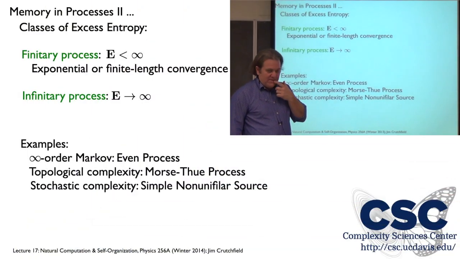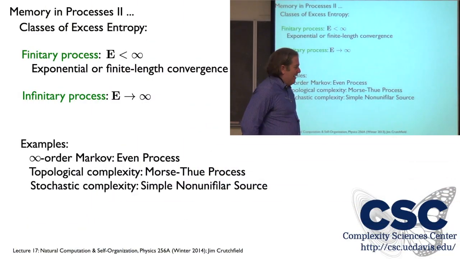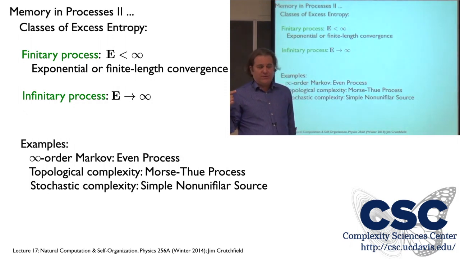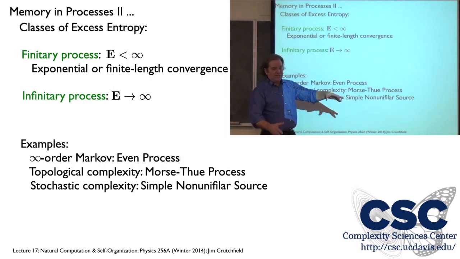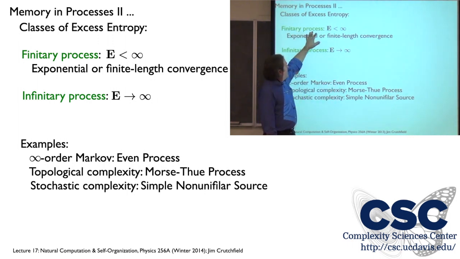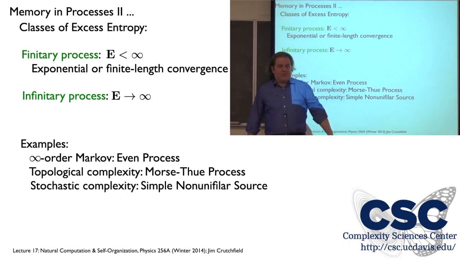In particular, I wanted to enrich the kinds of processes we've been looking at in terms of the excess entropy first. So finally, I'm going to give a definition. Given a process, we're interested in what the different classes are. So I'm going to talk about finitary processes that have finite excess entropy.